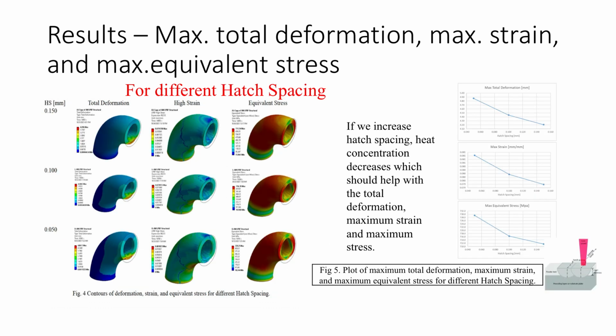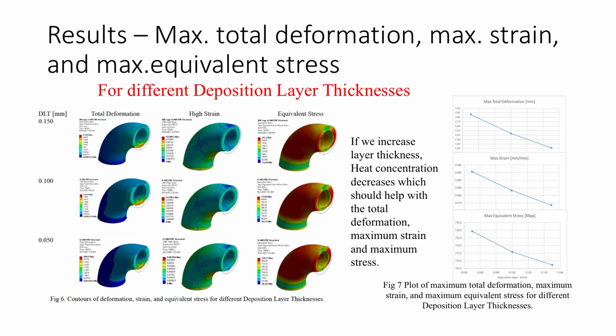We looked at the different hatch spacing. The hatch spacing is the different distance between the beads the laser creates when we scan the surface. So in this case, if we increase the hatch spacing, heat concentration decreases, and as a result of it, the parameters which we consider are going to have a decreasing trend.